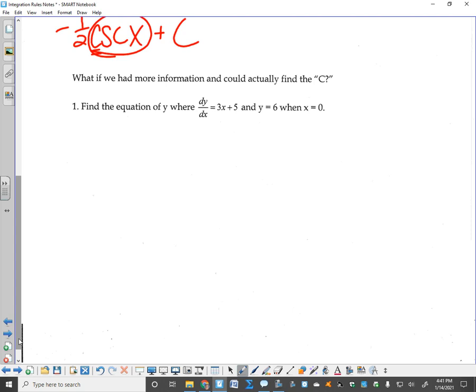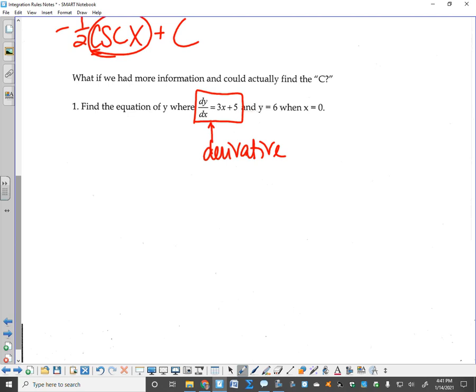What if we had more information and could actually find the c? Write the equation of y where dy dx equals 3x plus 5 and y equals 6 when x equals 0. Okay, hold the phone. What is this? That is a derivative. Well, what is a derivative doing here? We're integrating stuff.